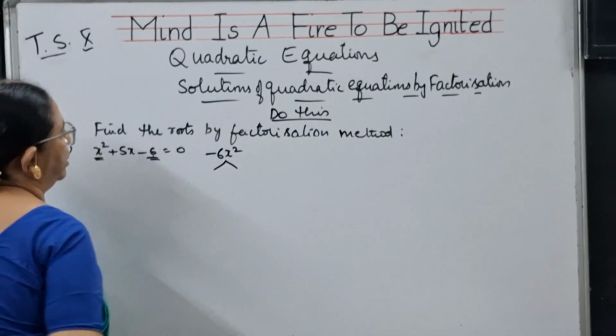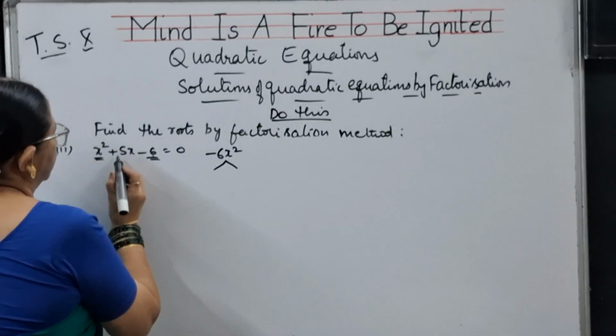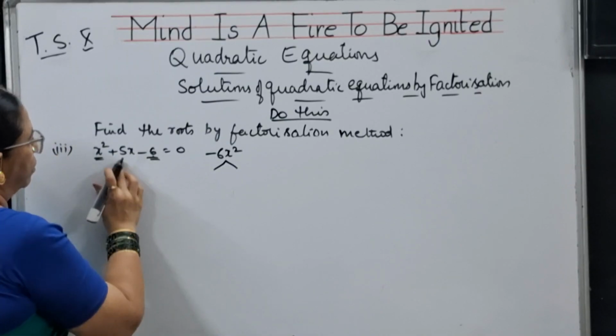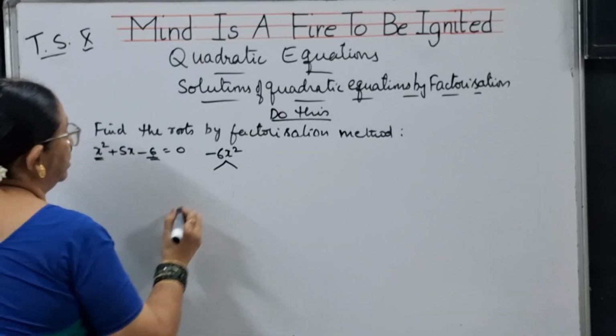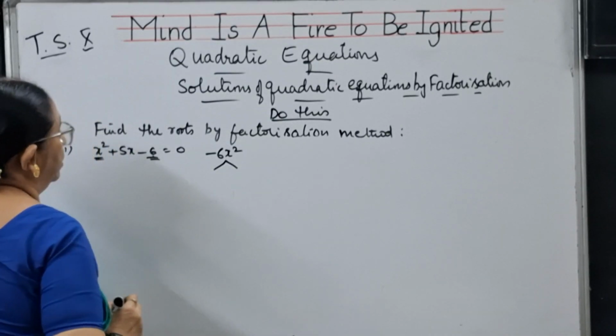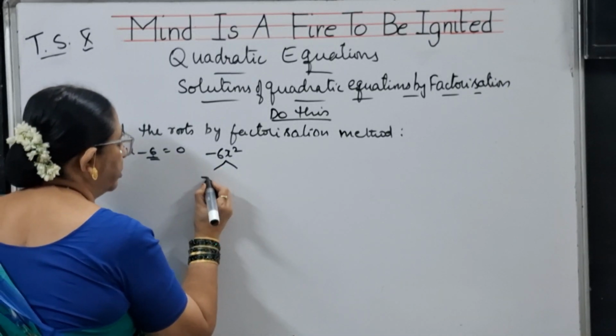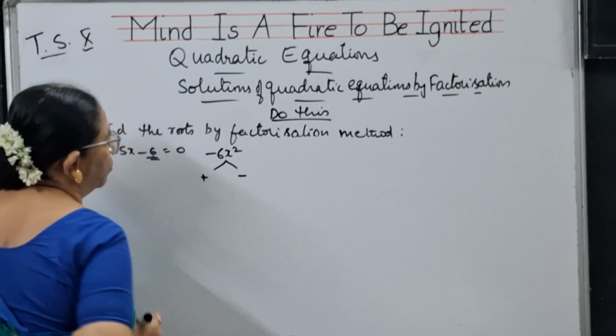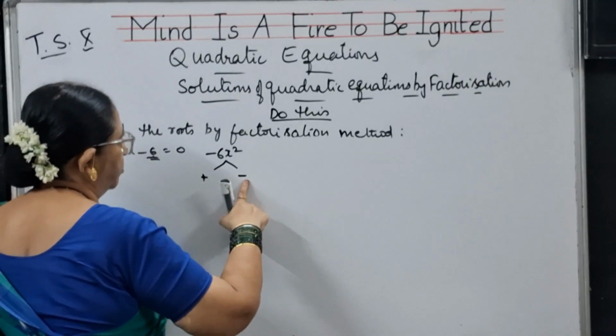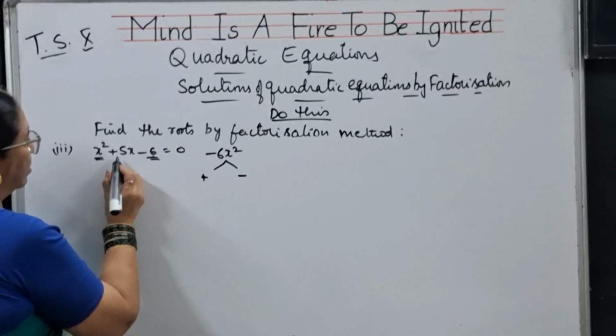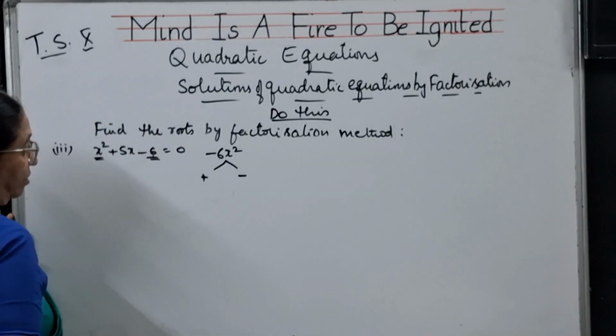So you have to split it in such a way that you should get plus in the middle. When you are multiplying, you should get minus, means one should be plus, one should be minus. So that plus into minus, minus. But in the center, we need to get plus.